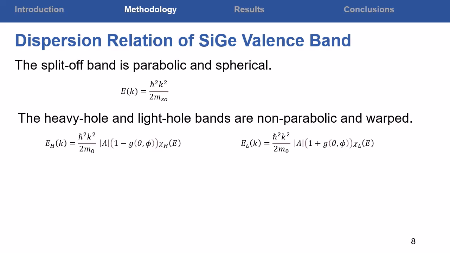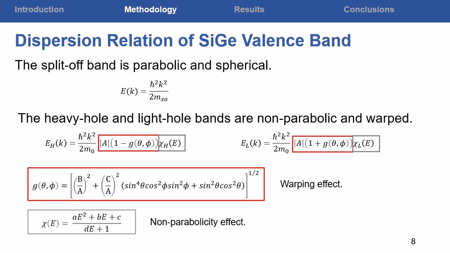Because of that, the dispersion relation of the split-off band is quite simple. On the other hand, the heavy-hole band and the light-hole band are non-parabolic and warped. Because of that, both effects must be taken into account in the dispersion relation of each of those bands.